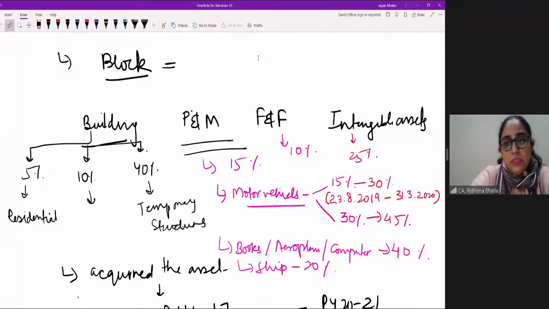Who will get the depreciation and who will not get the depreciation? Come on.